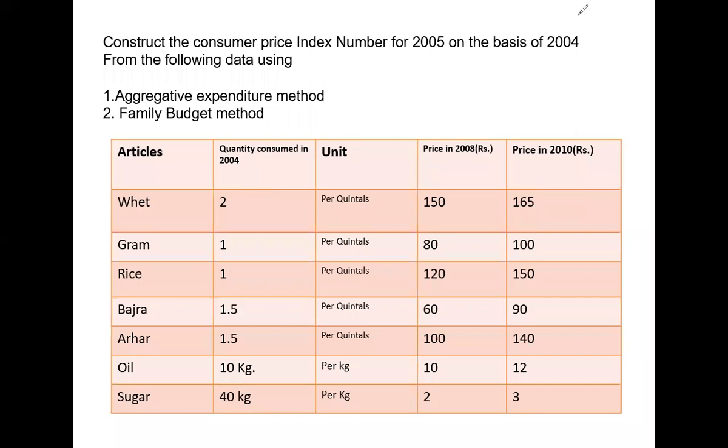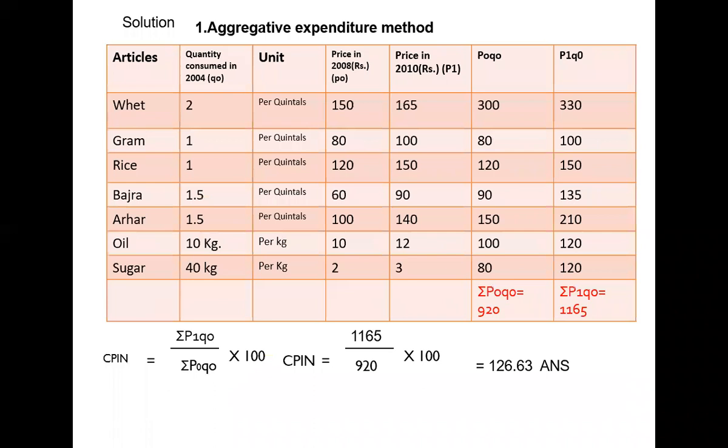Let's see the computations. So that is what we have here, okay? Let's study the computation. This is what we just talked about. So you multiply Q naught times P naught, 2 times 150 gives you 300. 1 times 80 gives us 80. Okay, after that, sum it up to get 920.